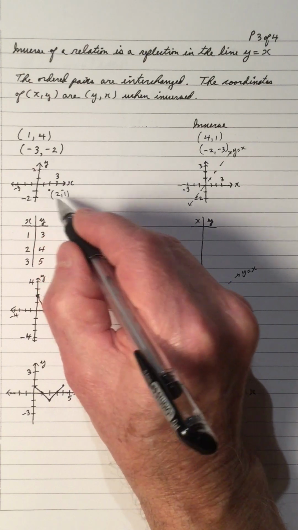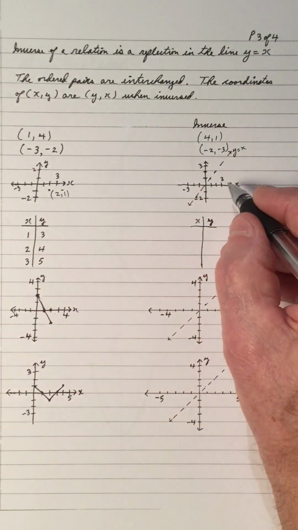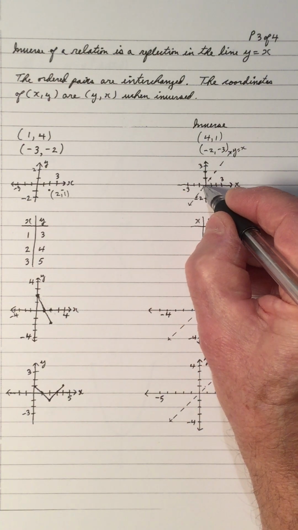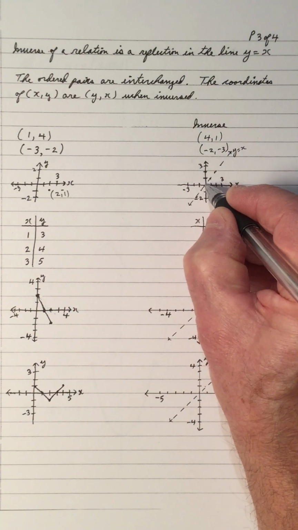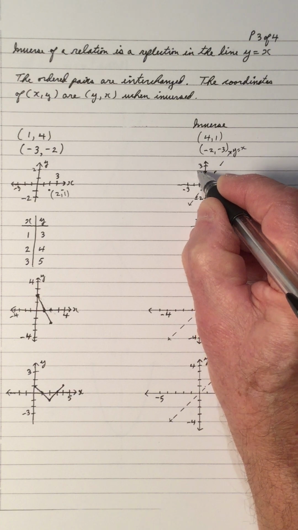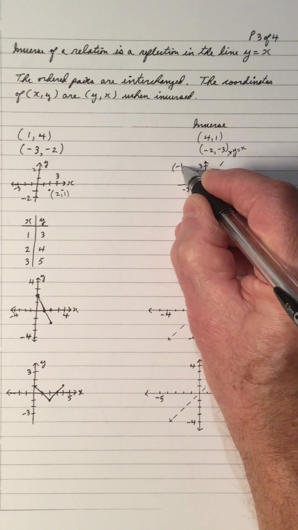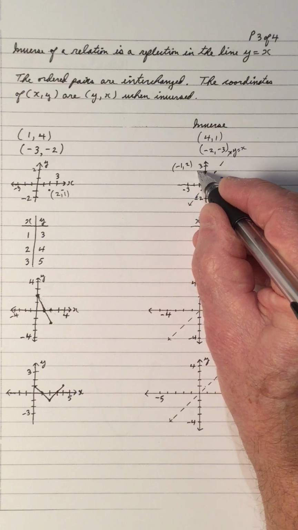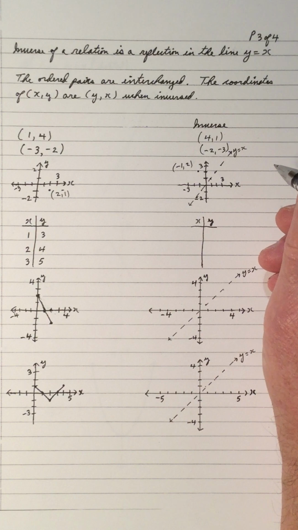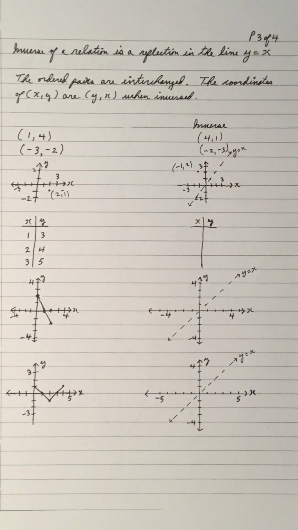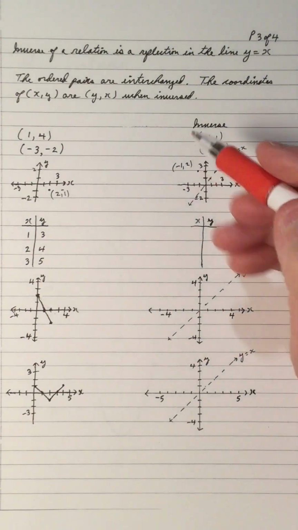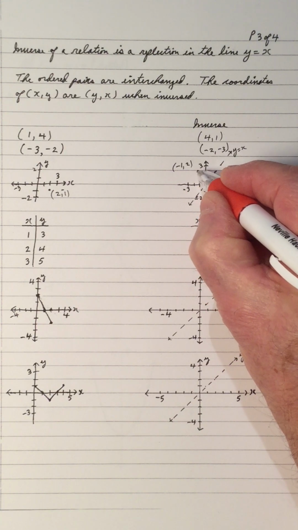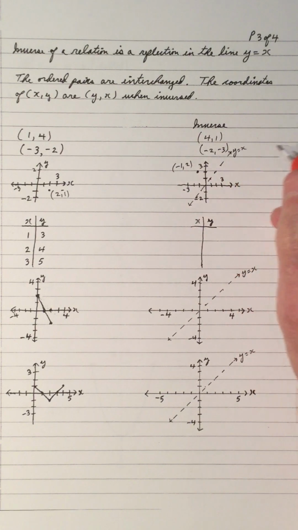X is 1, y is 2. And the point negative 1, 2 is right there. What I'm going to do on the graph is use the red as its inverse. So I'll use the red from now on as its inverse.